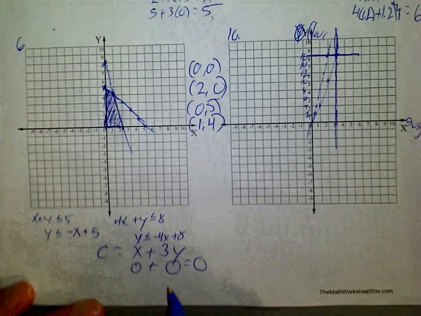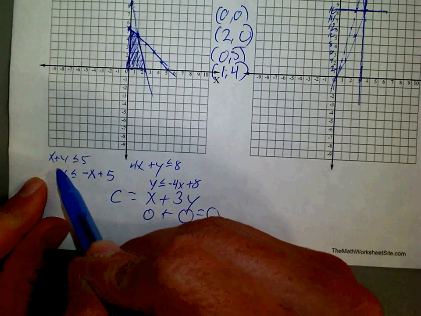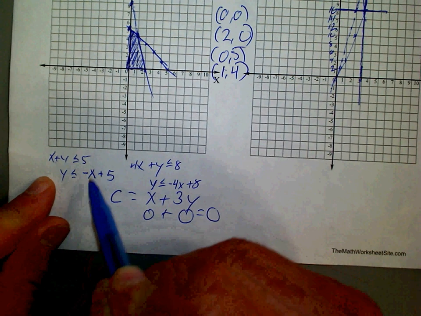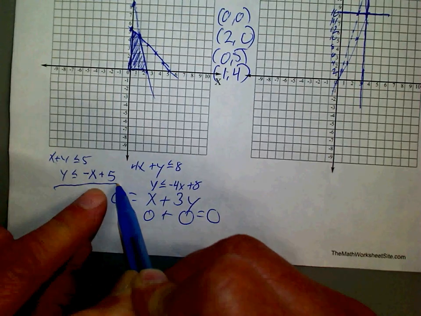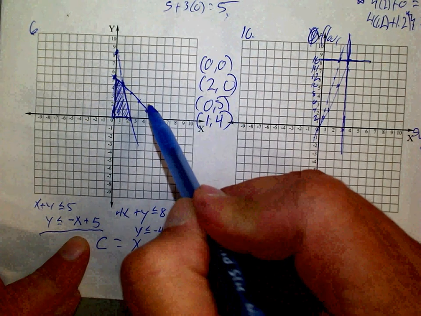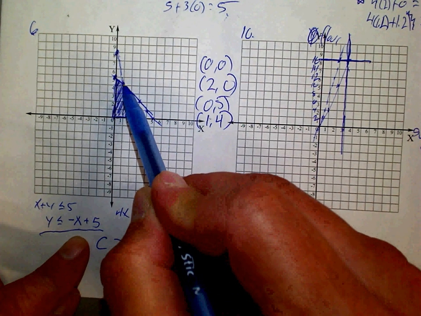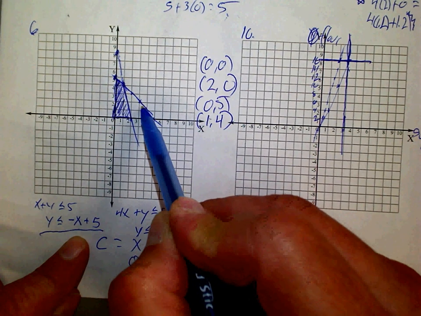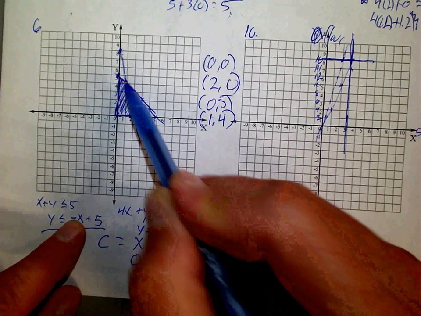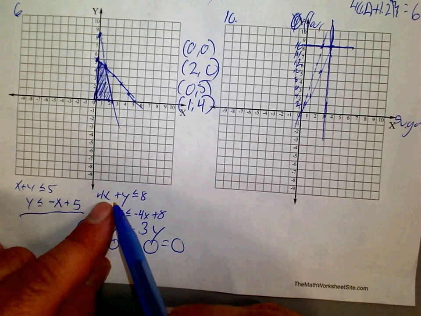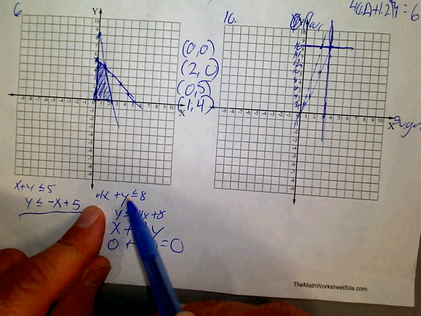All right, one more, number 6. You have this line, x plus y less than or equal to 5, which is the same thing as y is less than or equal to negative x plus 5. So here's that line, starting at 5, going down. Negative 1 is your slope, starting at 5. The other equation was 4x plus y less than or equal to 8.